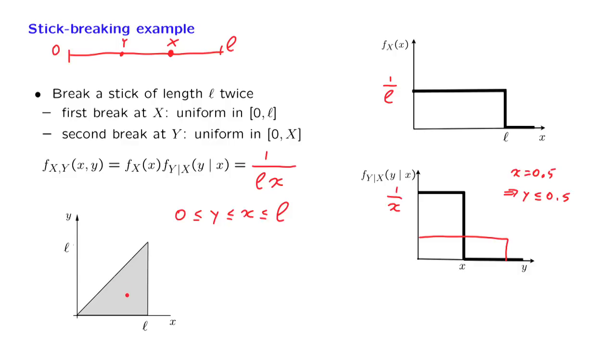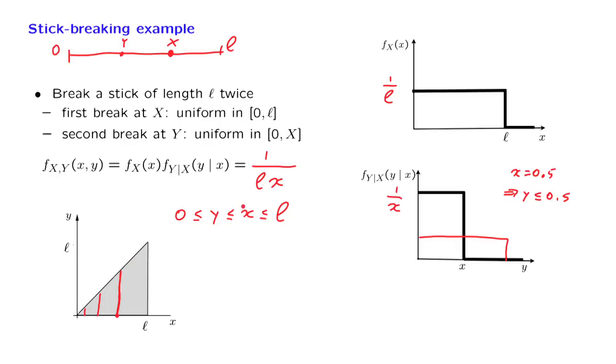y has to be less than or equal to x. If you try to visualize the joint PDF, notice that since it only depends on x, not on y, if you fix a value of x and you look at the slice of the joint PDF, the value of the joint PDF is going to be a constant on that slice. On this slice, it's going to be another constant, actually a bigger one. On that slice, an even bigger constant.